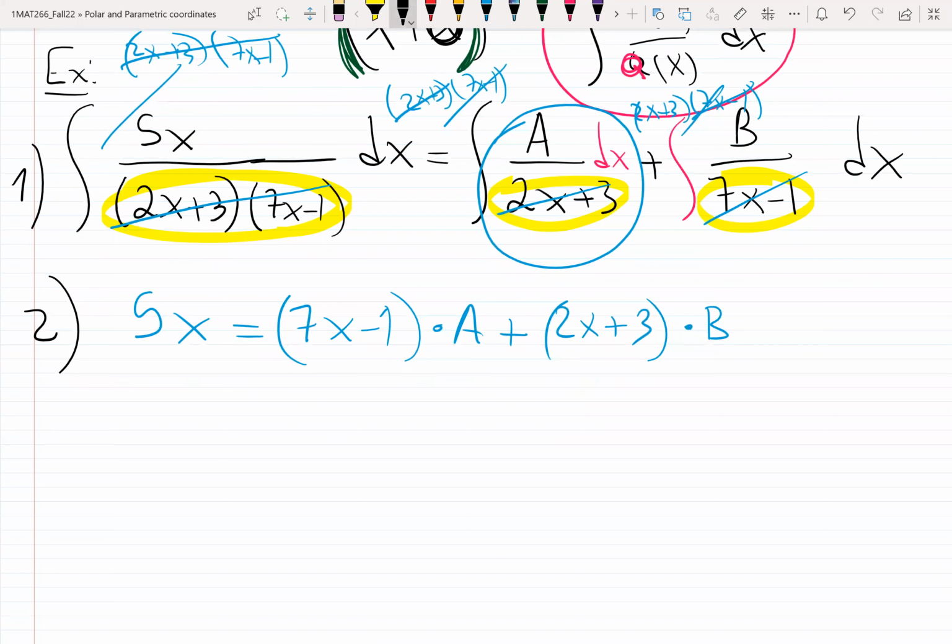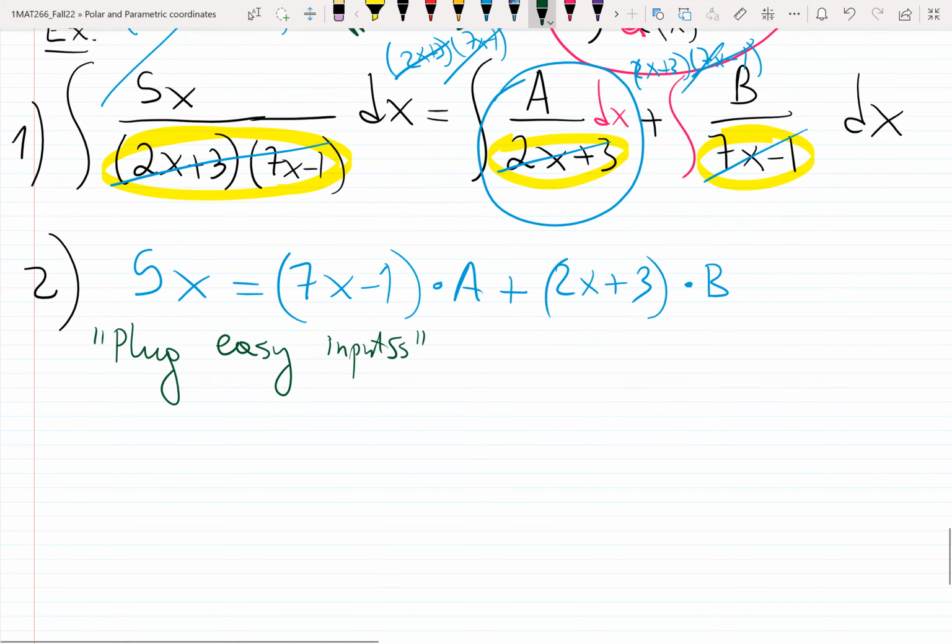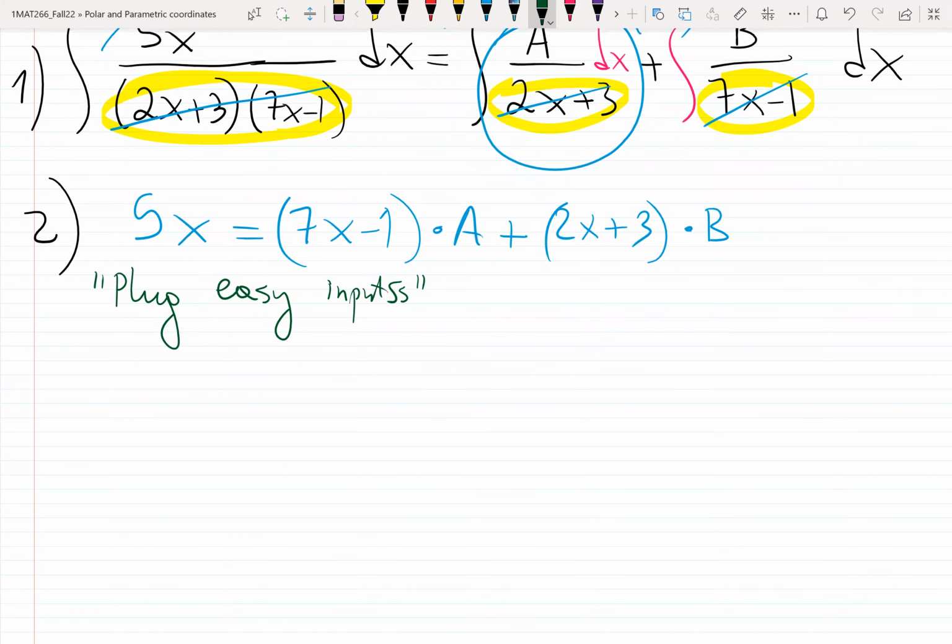And there are two methods. Method 1, collect the terms. And I don't want to do it now because it's easy in this case to plug some random numbers. We multiply both sides of the equation by the biggest denominator to get rid of the fractions. So plugging in easy numbers or values is a convenient way for most cases, unless they're too hard.